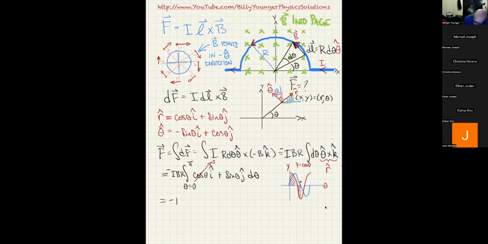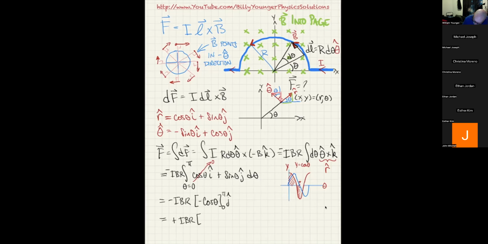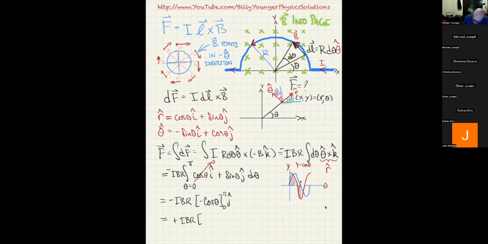I'm going to say negative IBR times negative cosine theta from 0 to pi. And of course, that's all times the j hat direction, which is equal to positive IBR times, in other words, I got rid of the negative.